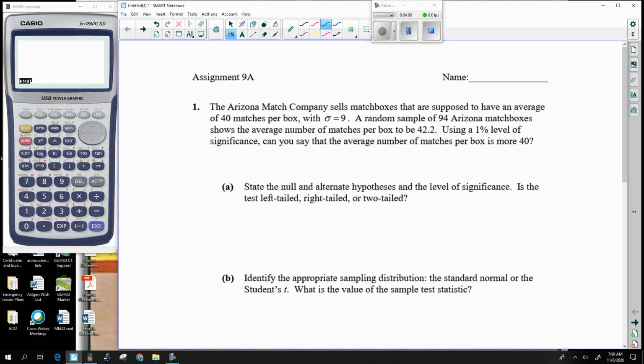Okay, so number 1. It says the Arizona Match Company sells matchboxes that are supposed to have an average of 40 matches per box. So that's the historical average. The average is supposed to be 40 with a standard deviation of 9.